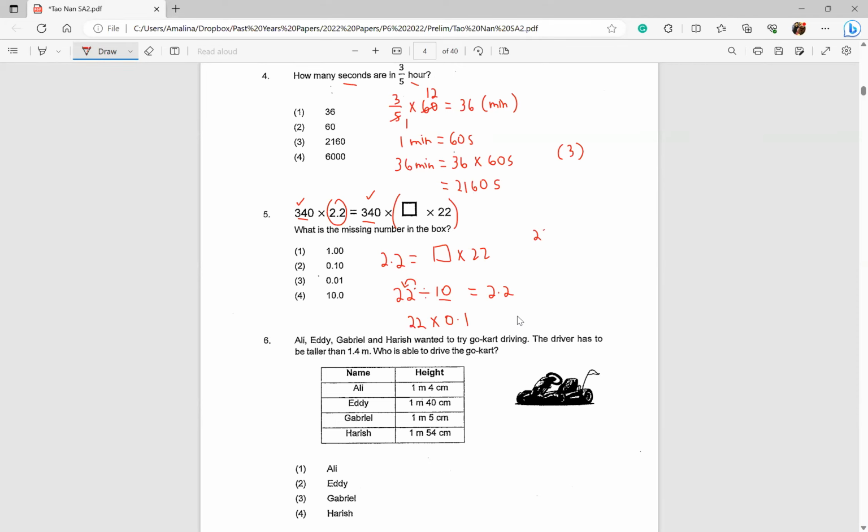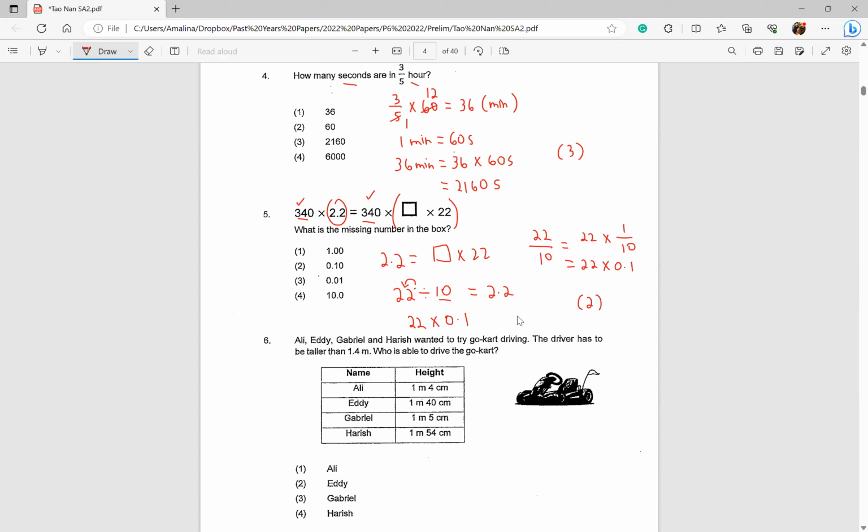Because 22 over 10 is the same as your 22 times 1/10 if you separate this out. And your 1/10 is the same as your 0.1. So it's answer option number 2.